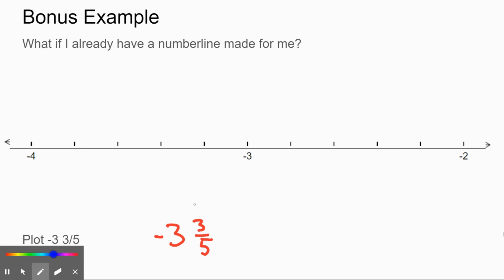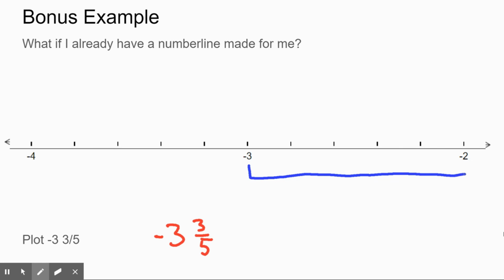Secondly, if we look at our number line, the distance between -3 and -2 is going to be 1 whole, right? Distances are always going to be positive. Yes, this is going to go in the negative direction, but that's okay. Additionally, we have these marks in between here.